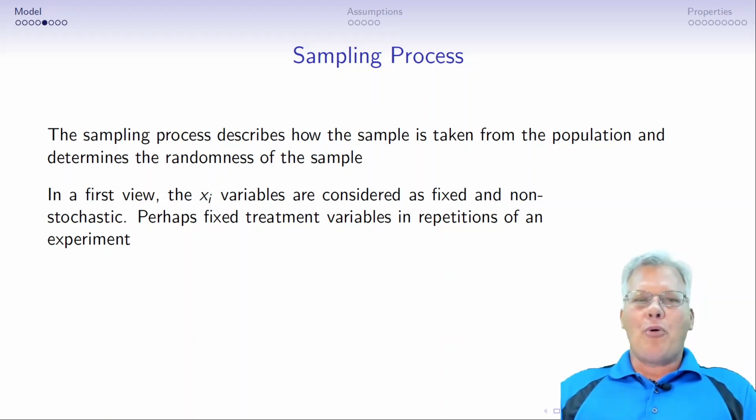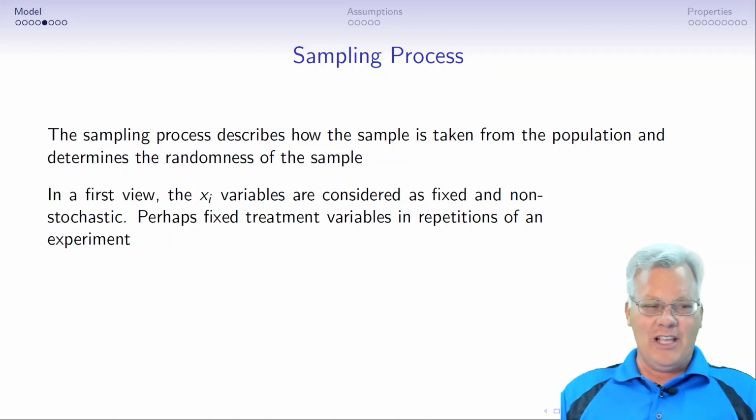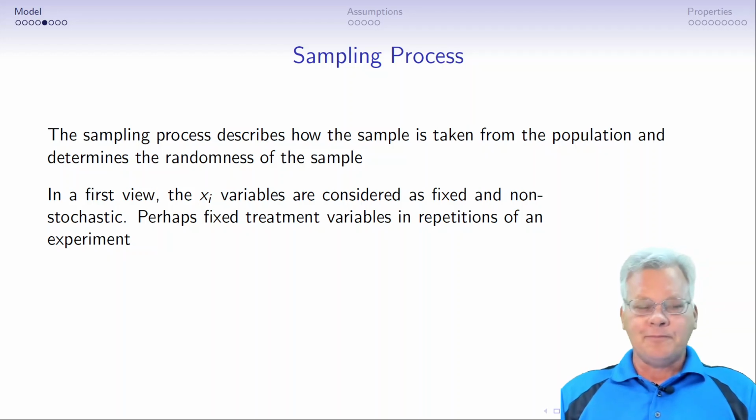Now, in a proper statistics course, what we would talk about is if we have this population. So we have an infinitely large population where there's this relationship between the explanatory variables and the dependent variable.